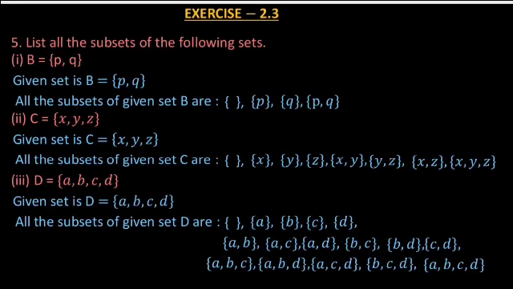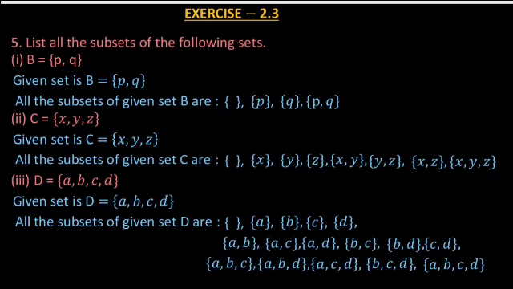Next, D is equal to set of A comma B comma C comma D. So how many subsets does the given set have? 2 power 4, since the number of elements is 4. 2 power 4 means 16. If you write all the subsets of the given set D, the first one is the empty set.